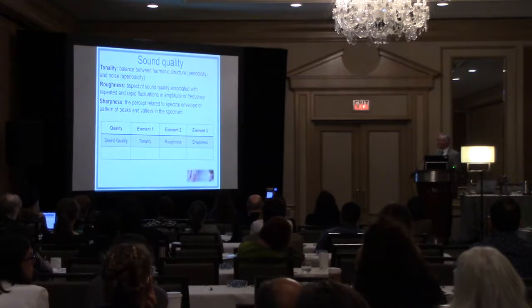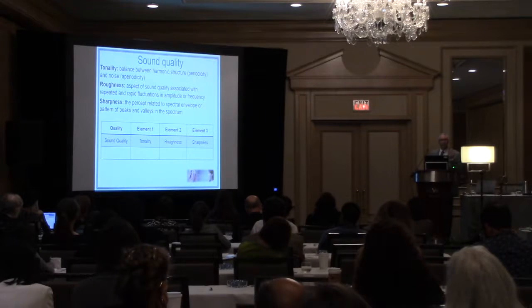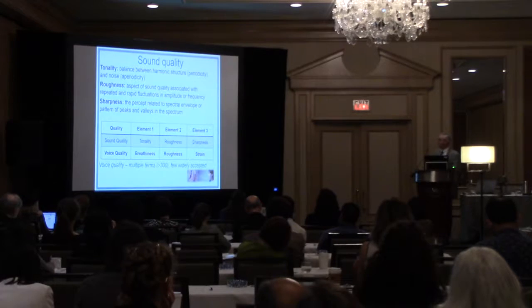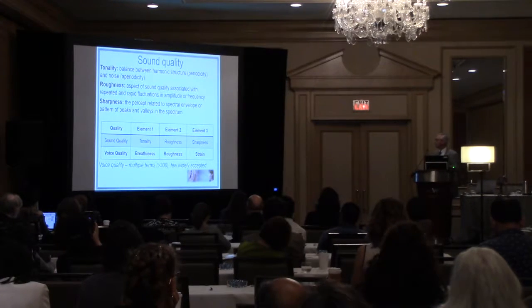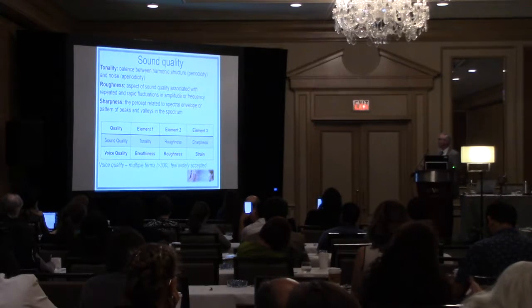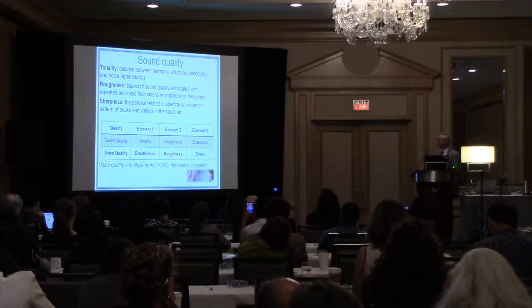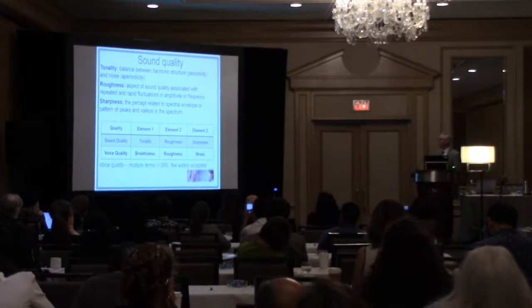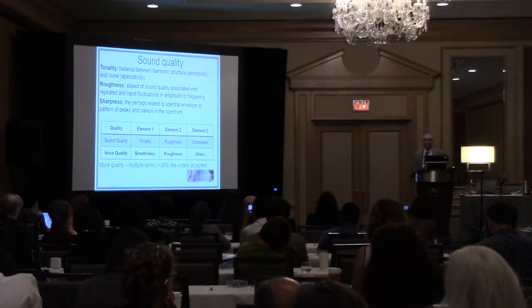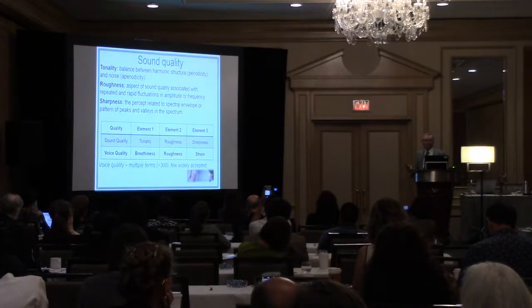And what I'm going to argue is there are also many aspects of voice quality, but there are 3 primary voice qualities that we think about as speech-language pathologists, many of you professional musicians and singers, those of us who pay attention are none of the above: breathiness, roughness, and strain. And I'm going to argue that breathiness, roughness, and strain map onto the basic sound qualities of tonality, roughness, and sharpness.